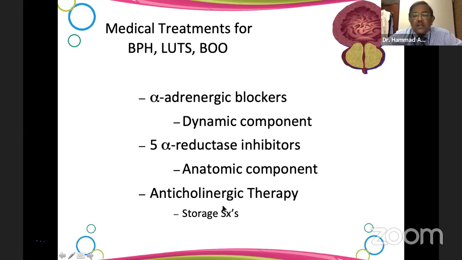So anticholinergic therapy is also required, and that's why you can see that most of the formulations available these days are either alpha blocker with 5-alpha reductase inhibitor or alpha blocker with anticholinergic therapies. Like anticholinergics are your Detrusitol, tolterodine, or solifenacin, or oxybutynin, etc.